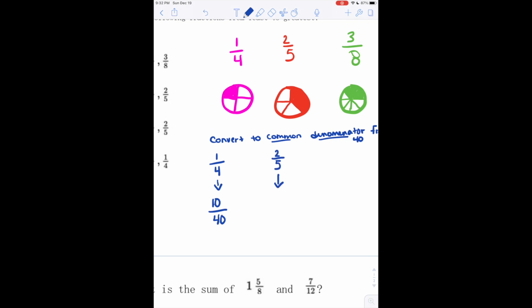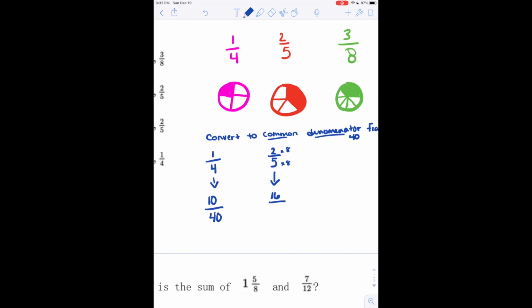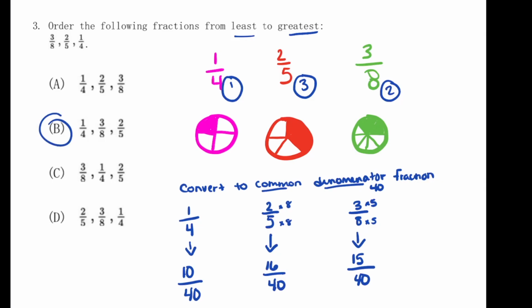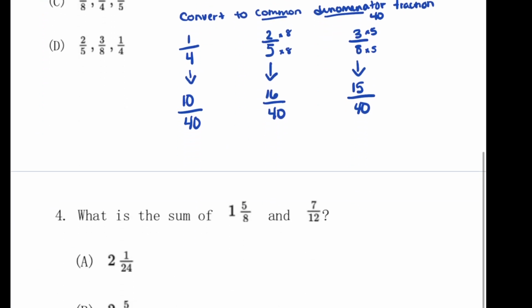So 1/4 will be 10 over 40. 2/5 will be 16 over 40, and 3/8 will be 15 over 40. So now we can see that the smallest is going to be 1/4, followed by 3/8 and then 2/5. So our answer is going to be B.